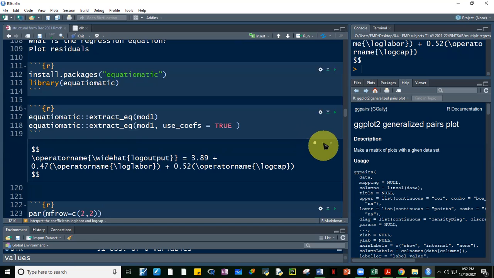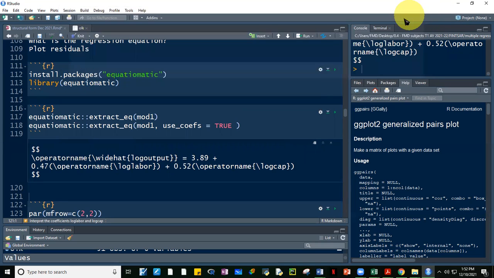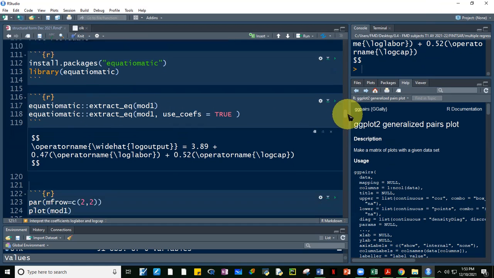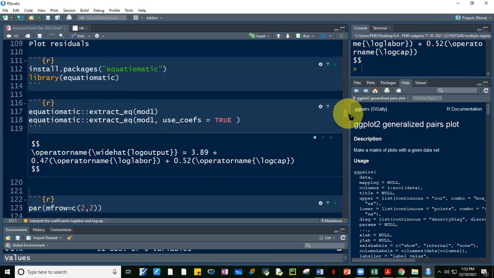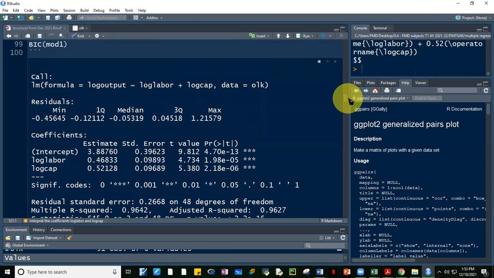Dapat mag-print siya dito eh. Okay, so anyway, I'll try to decipher how do we make sure that we still generate the correct equation. Pero this is a very good package, Equationmatic.